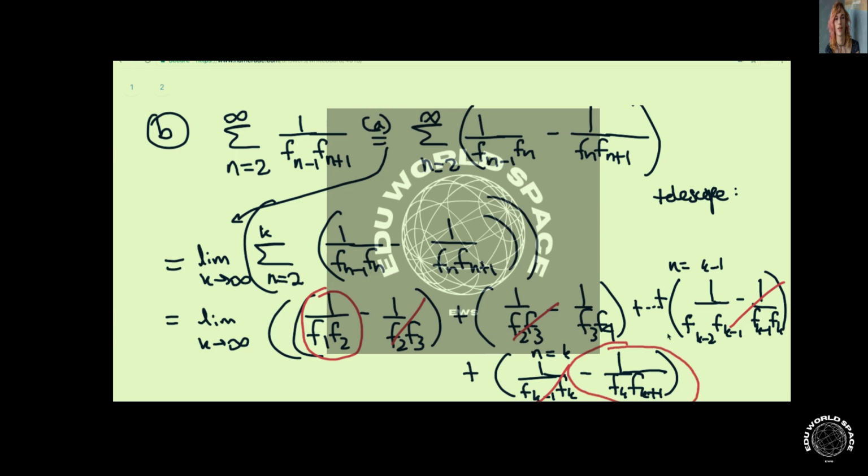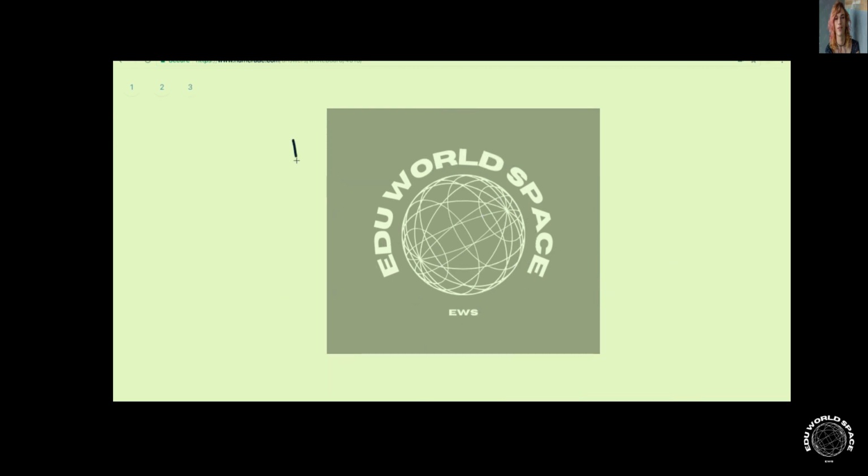So the next thing to do here is just to evaluate this. So let's just go ahead and write this on the next page and then take that limit. I'm out of room here, so I have 1 over f_1 f_2 minus 1 over f_k f_{k+1}, and we're taking the limit as k goes to infinity.